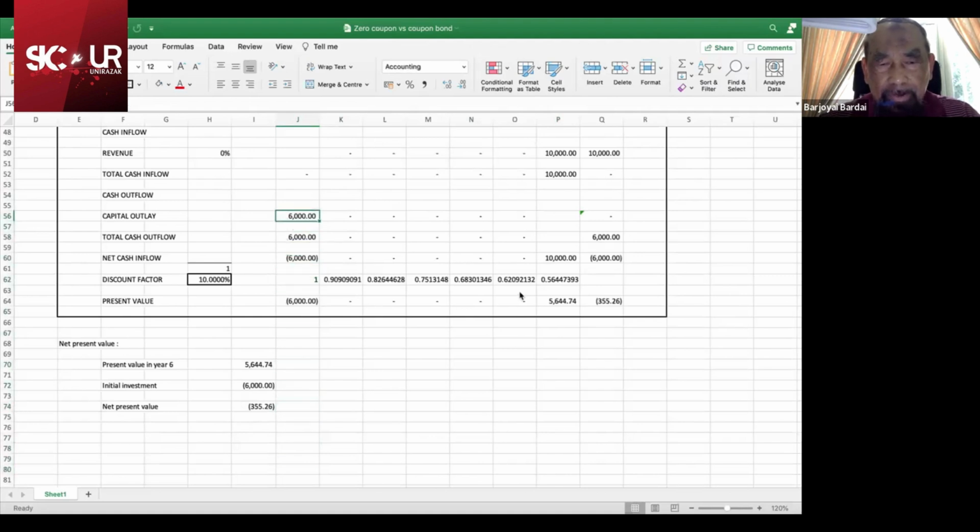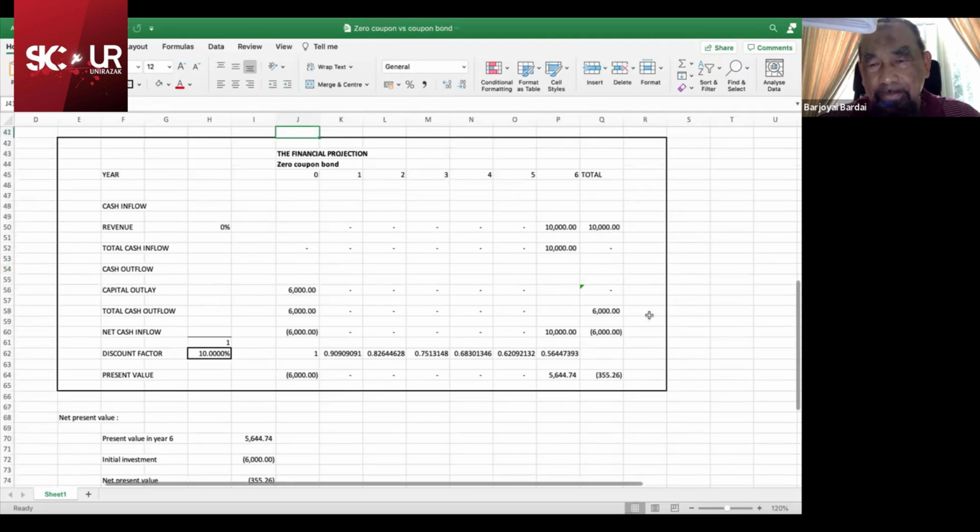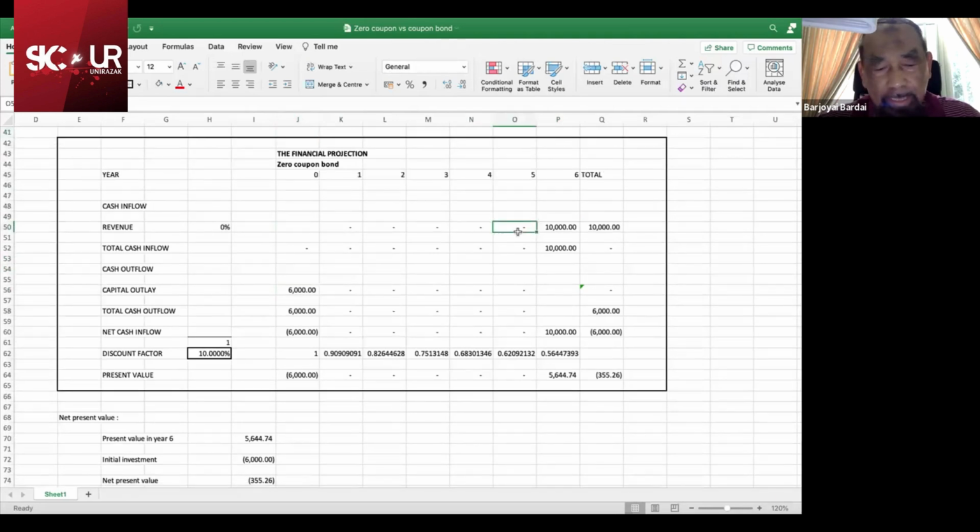Can we use back the 5 years so that later we can compare with the above? Yes, I will use 5 years. So this is 5 years.